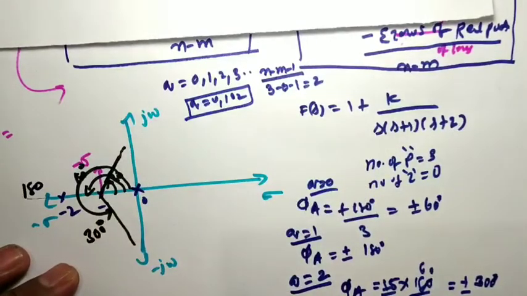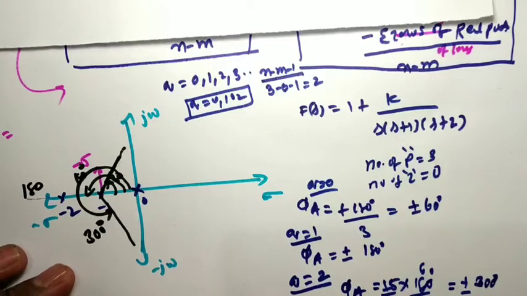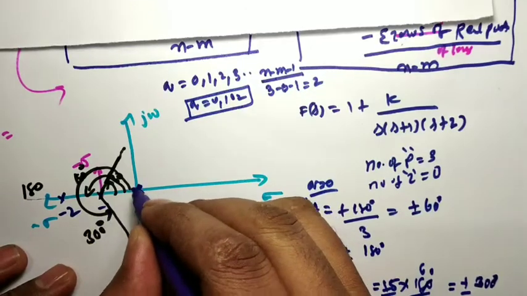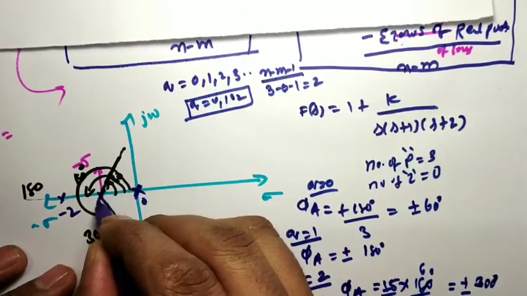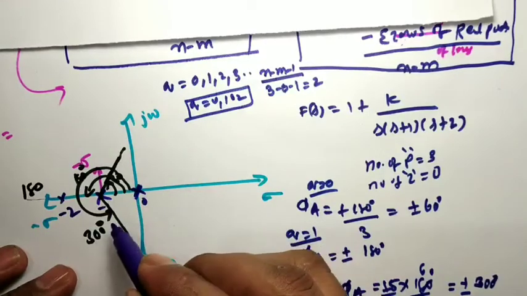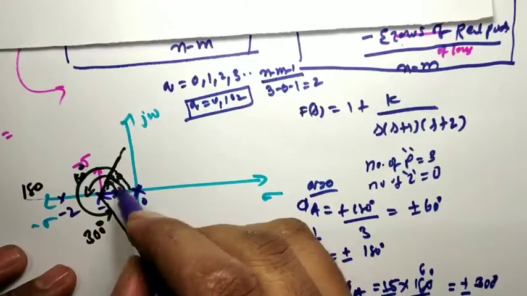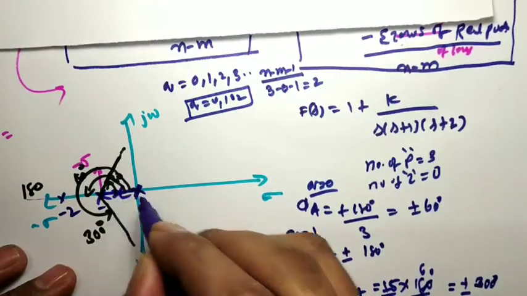You just see where your roots are. One root is at s equal to minus 1 and the other at s equal to 0. So these are your two roots. You take the centroid from here. One root will move in this direction and another root will move in this direction.